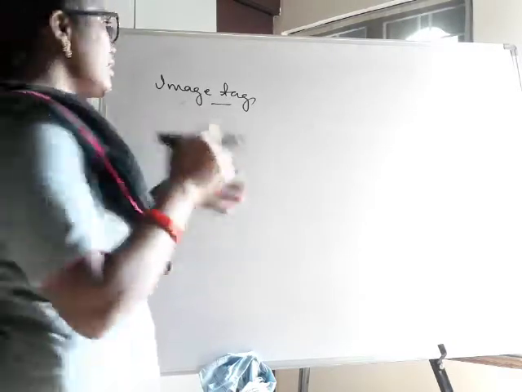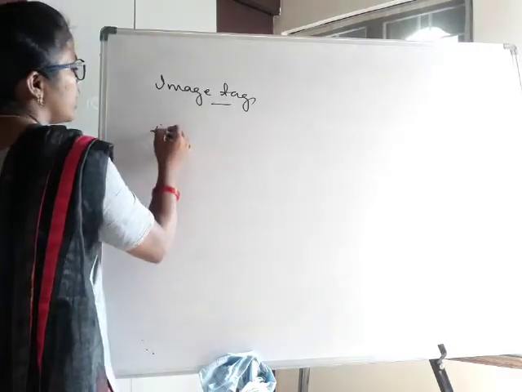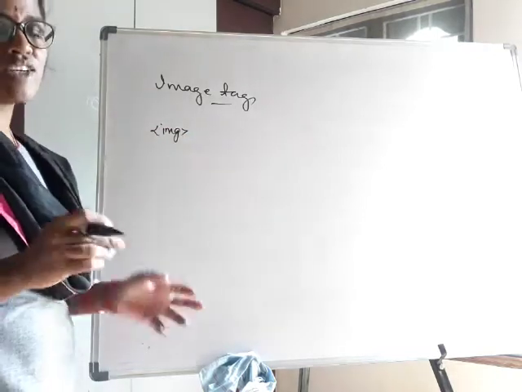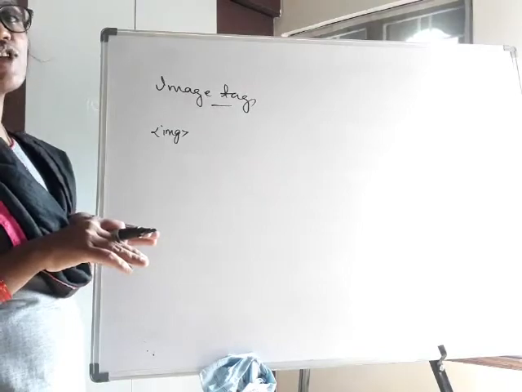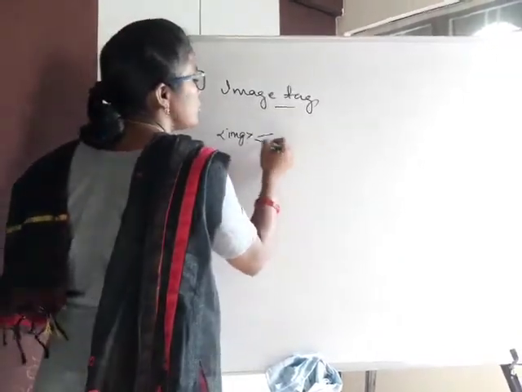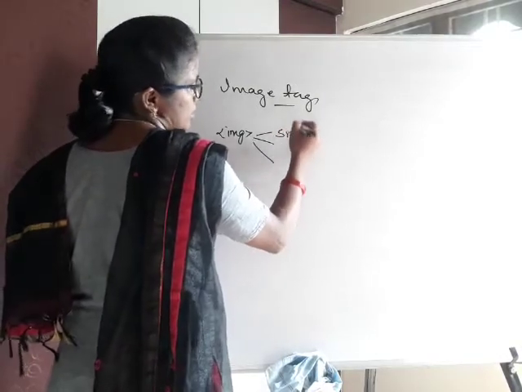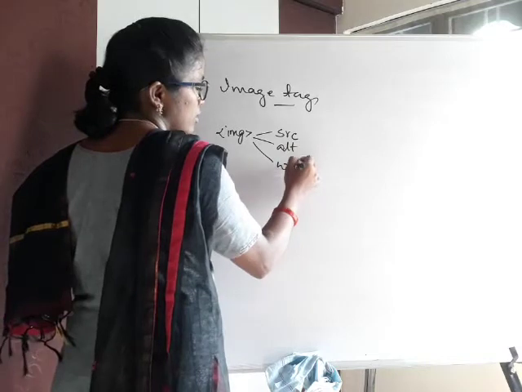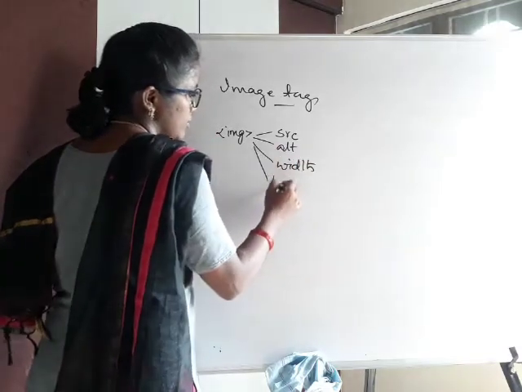For that, I have a tag called img, not omg, img. img is used to include an image in our website. Here it also uses some attributes: src, alt, width, height.